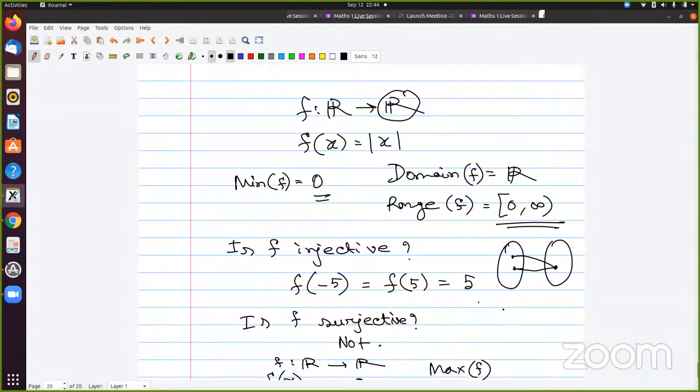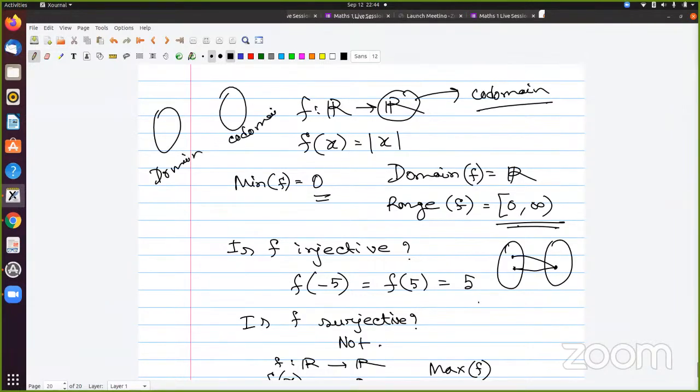For surjective, the range should be equal to the codomain. The codomain is R and the range is a subset, 0 to infinity. Remember the picture: this is the domain, this is the codomain, and the range is in between. If these two are equal, then we call it surjective. Okay?